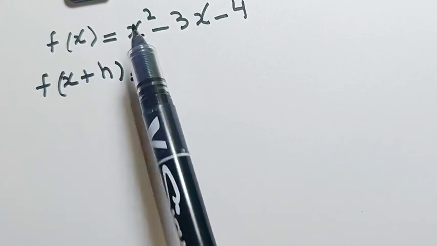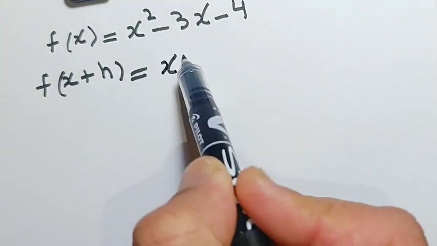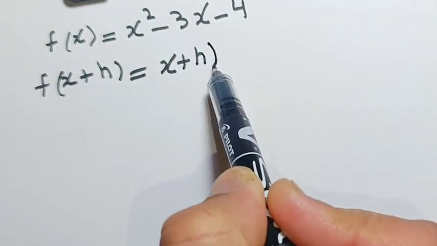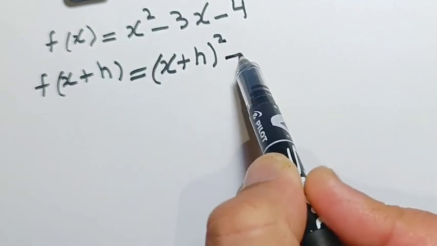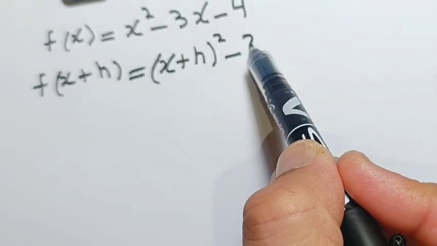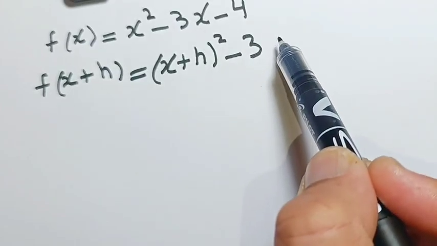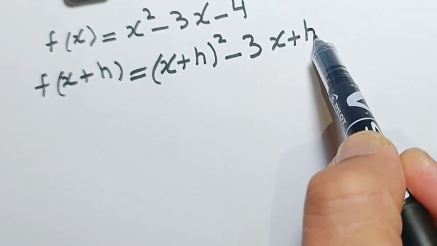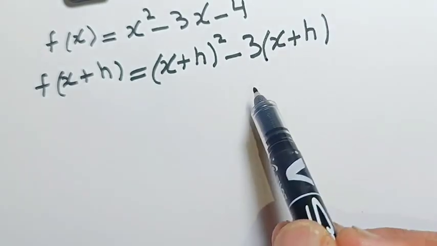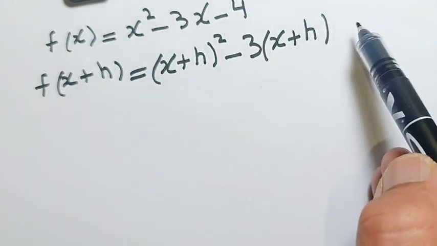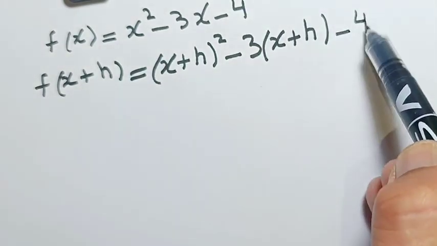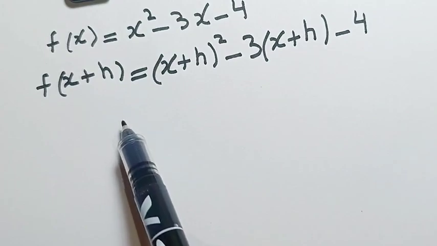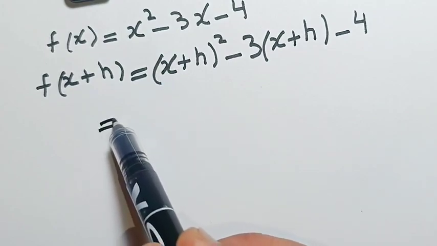So the x square becomes x plus h square minus, now 3 times the x, again you're going to add x and add h, then minus 4, there is no x, so we can't add anything there. Now I'm going to simplify this one.